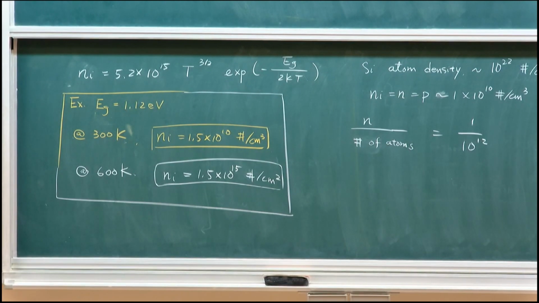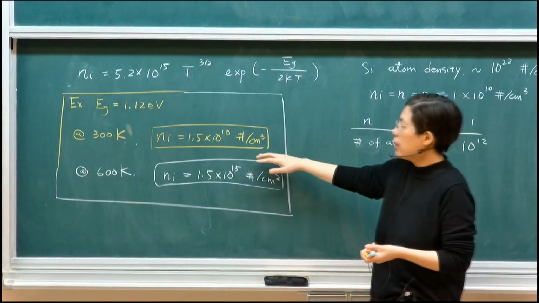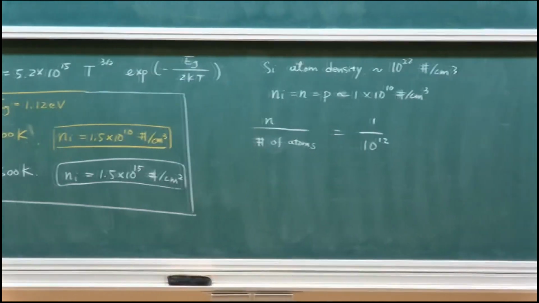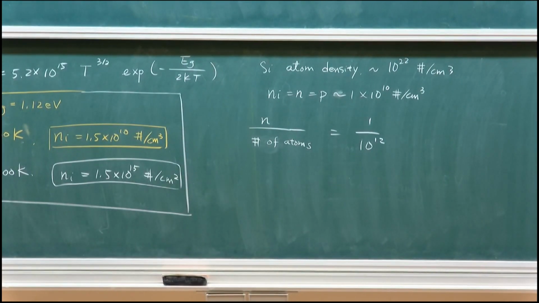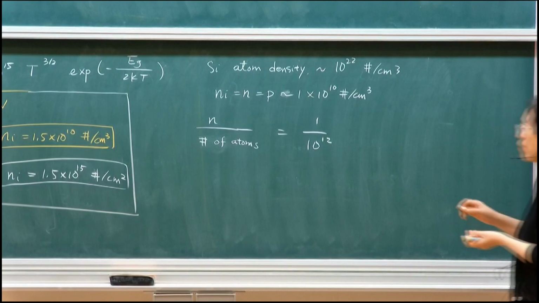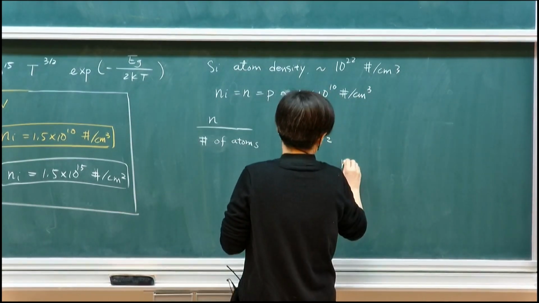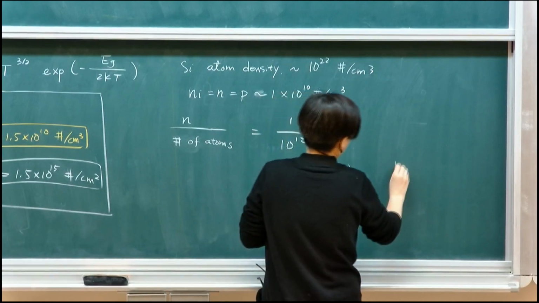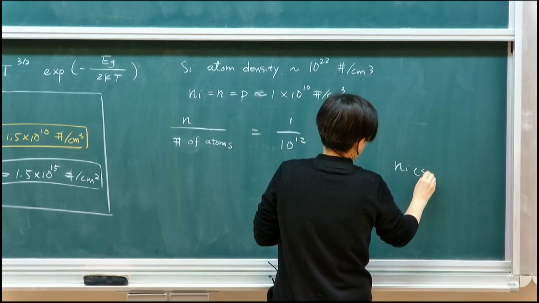So I want to ask another question. What do you think of this intrinsic carrier density, this number to keep in mind, for germanium? Do you think it's higher or lower? What do you think? Ni for germanium and Ni for silicon?